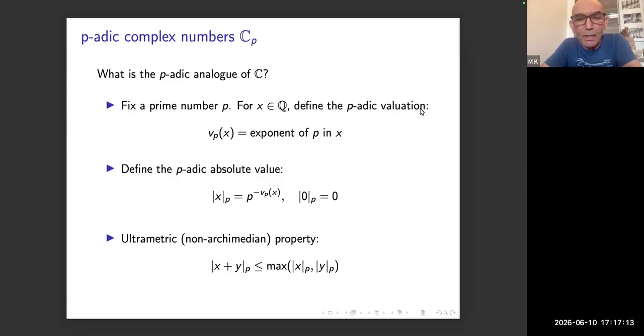Okay, so what is CP, the field of p-adic complex numbers? The process is very similar to some extent to the way we get complex numbers C from rational numbers. So rational numbers are not topologically or metrically complete. You have the usual absolute value on rational numbers. You complete it, you get R, and then you complete R algebraically in the sense that you close it up algebraically, because you notice immediately that R is not algebraically closed.